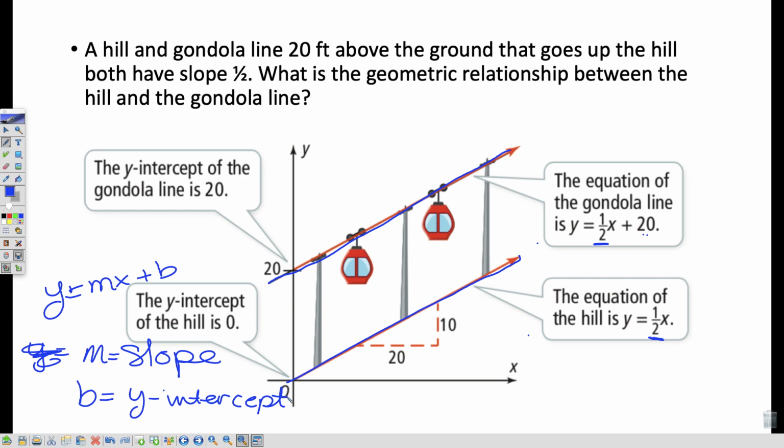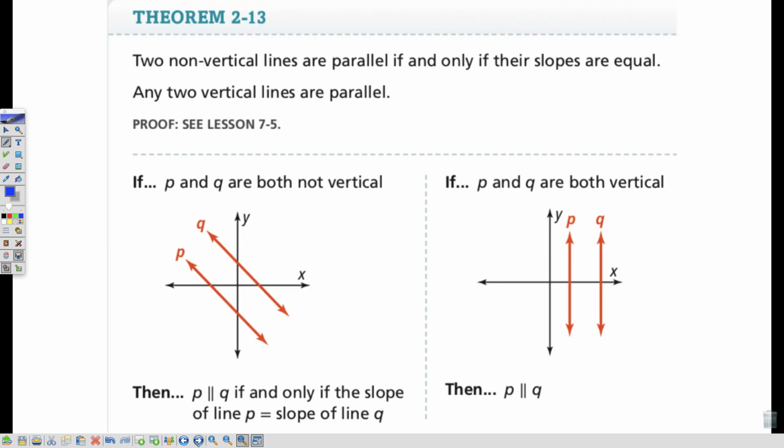Okay, so these two, the gondola line and the ground, have the same slope. So they would never go towards each other. They're always going at the same rate and they'll never touch. That's what makes them parallel. Two non-vertical lines are parallel if and only if their slopes are equal.